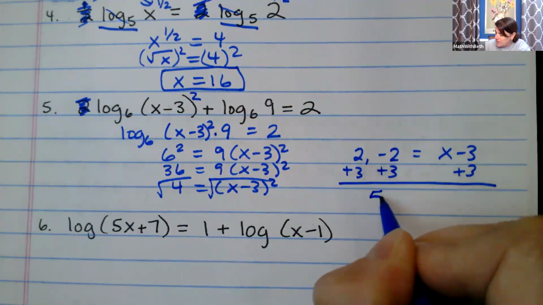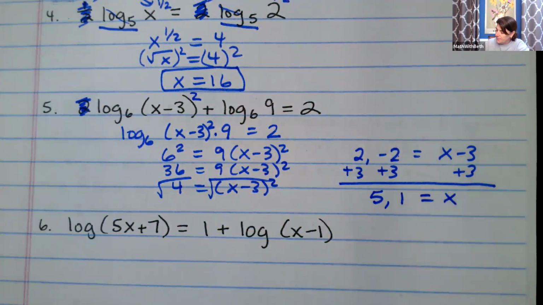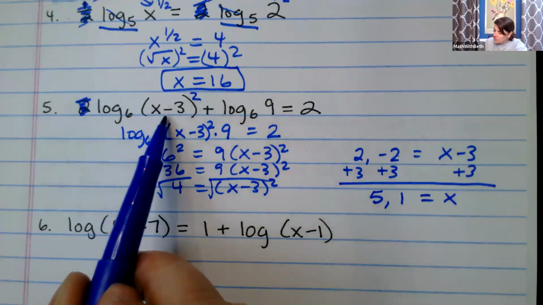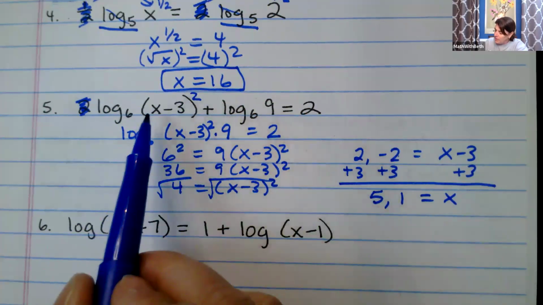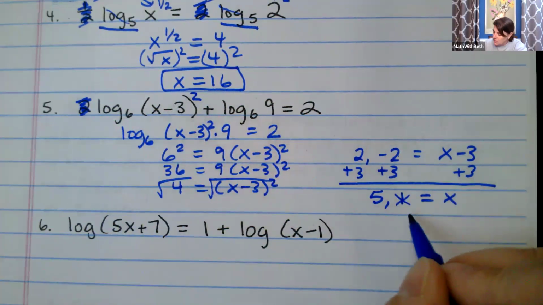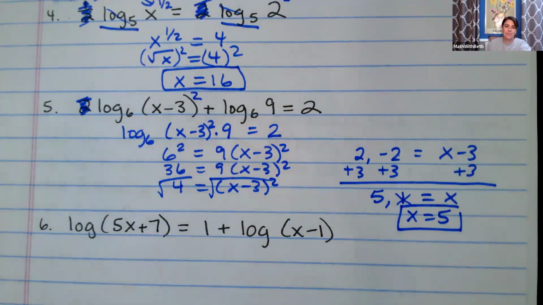So 2 plus 3 is 5. Negative 2 plus 3 is 1. Check both of these answers, though, back in the beginning. 5 minus 3 would be 2, but 1 minus 3 would be negative 2. So we don't want this one. So our answer is really just 5.